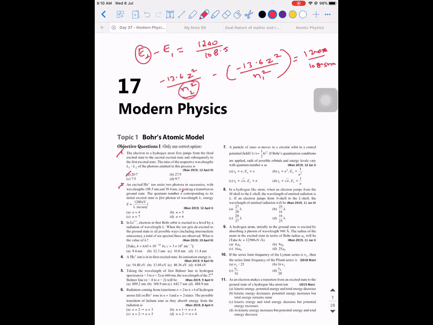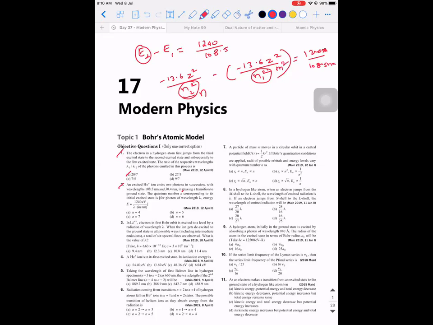So n2 is n. N1 is not 1. It is making successive transitions. It is not directly jumping from n to 1. It is coming to some intermediate level. Let me take it as m.